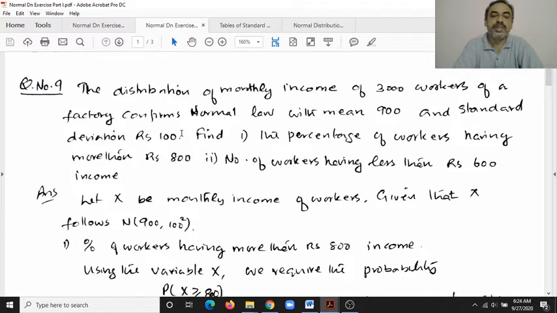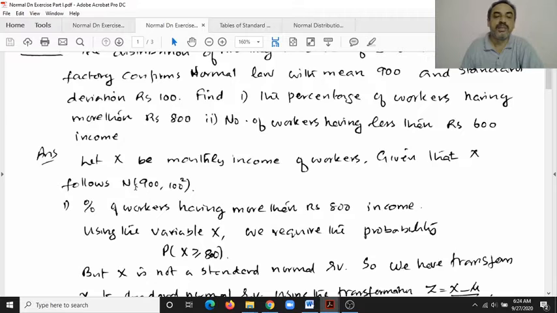So we represent this monthly income using the variable x. Since it follows normal distribution, we write x follows normal with mean 900 and variance 100 square, since we are given standard deviation rupees 100. So in the notation we write N(900, 100 square).